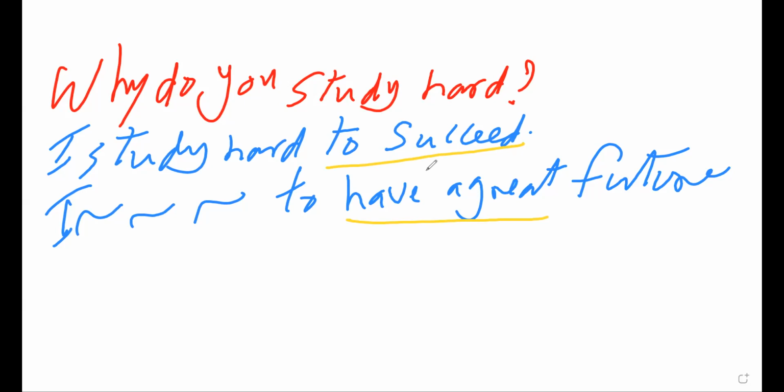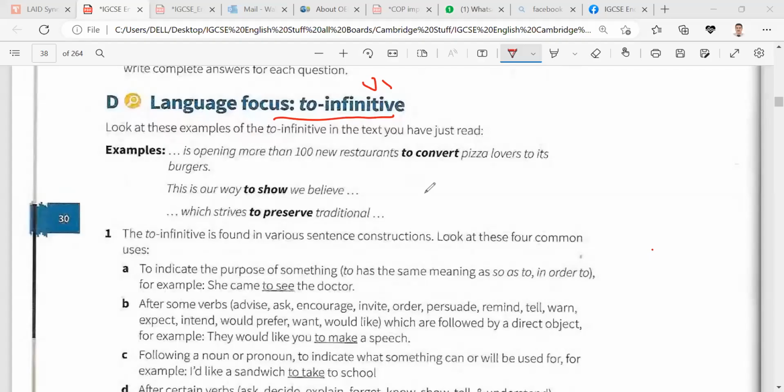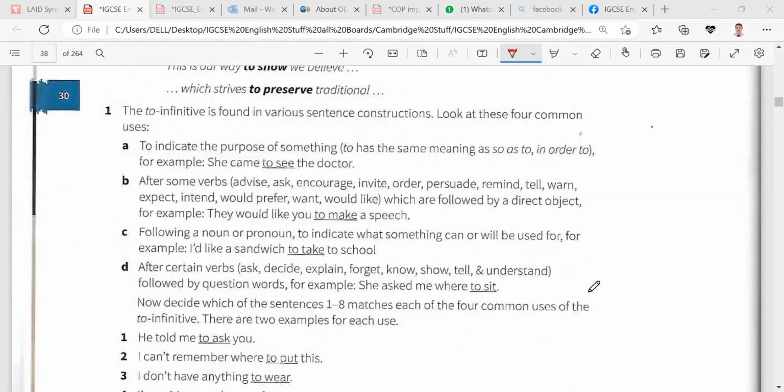Right? So when we use to infinitive, we use it for different purposes. The first one, can you please consider the sentence with me?